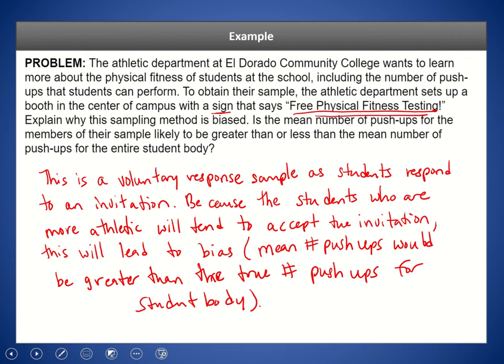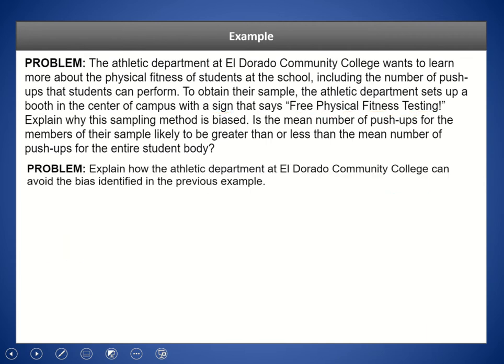Who knows? Okay, so now we're going to take the same question and see how we can avoid the bias that was present in the example that we just looked at. To avoid the bias, we want to eliminate this whole volunteer thing.